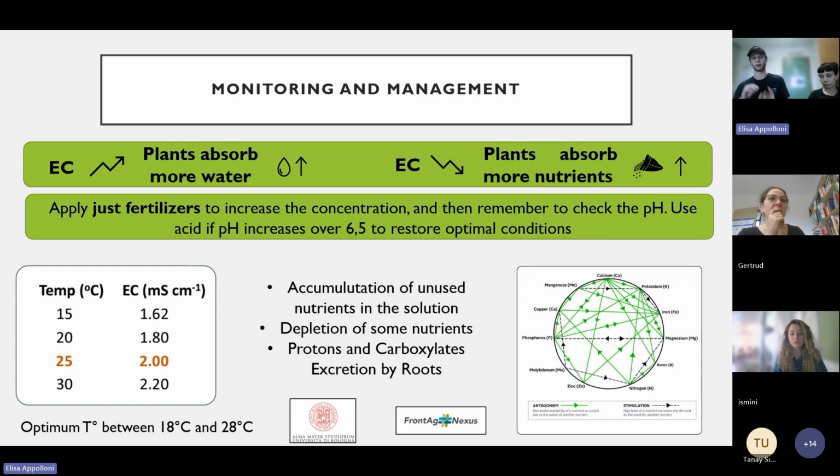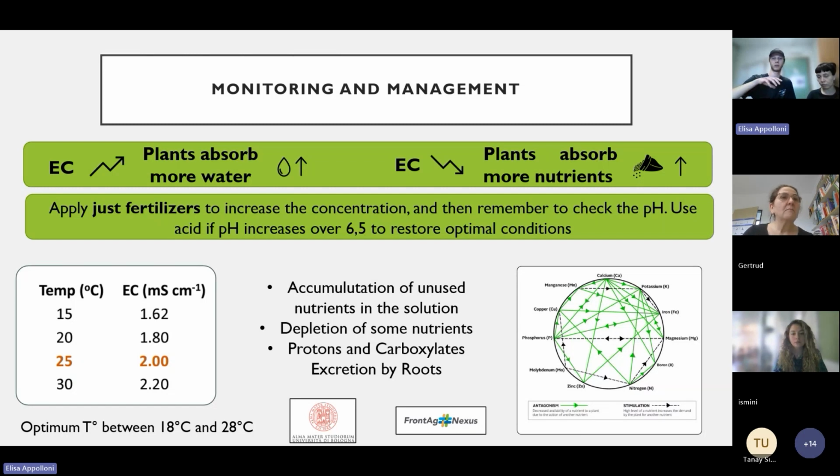Because the presence of an element in a ratio which is not the correct ratio can also decrease the absorption of other nutrients. For example, if we have too much phosphorus, you see that phosphorus has a lot of antagonists, like calcium, potassium, iron, zinc.